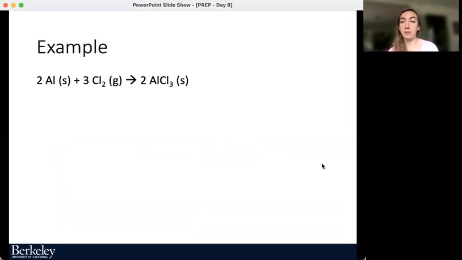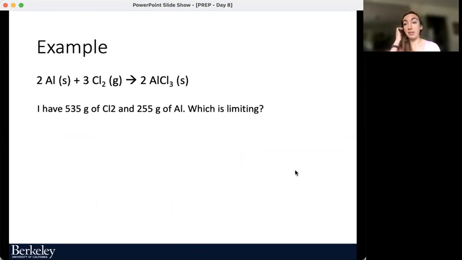So in our example that we were solving before that you worked on in your groups, where this is my reaction, if I have 535 grams of chlorine and 255 grams of aluminum, which one is limiting? And so the way that I'm going to solve this is I'm going to use the steps that we did on the previous slide.